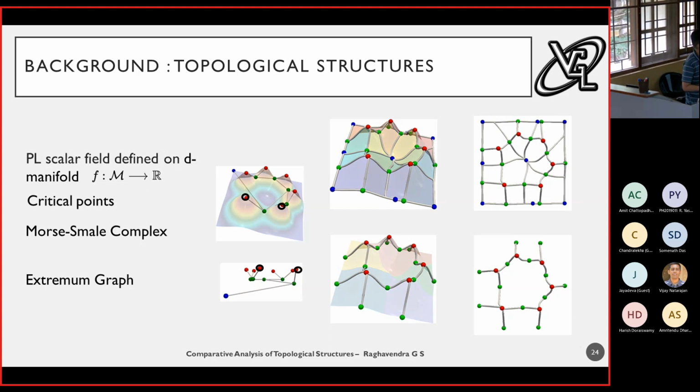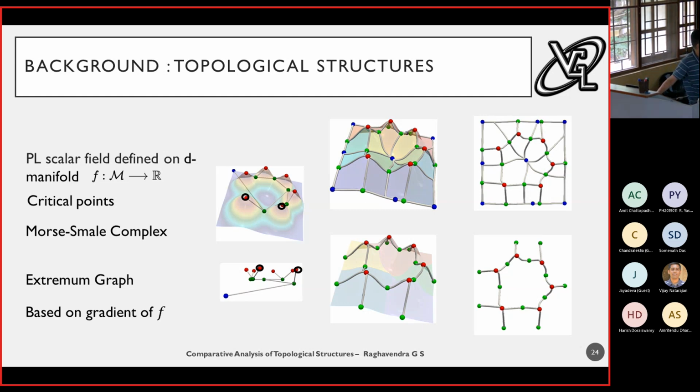On the other hand, the extremum graph considers only a set of extrema. Here, in this case, it's the maxima and the saddles, and it also captures some of the geometry, if not all, when compared to the Morse-Smale complex. So this is somewhat in between the merge tree and the Morse-Smale complex. So this is often considered when we want to capture the geometry also with the topology.